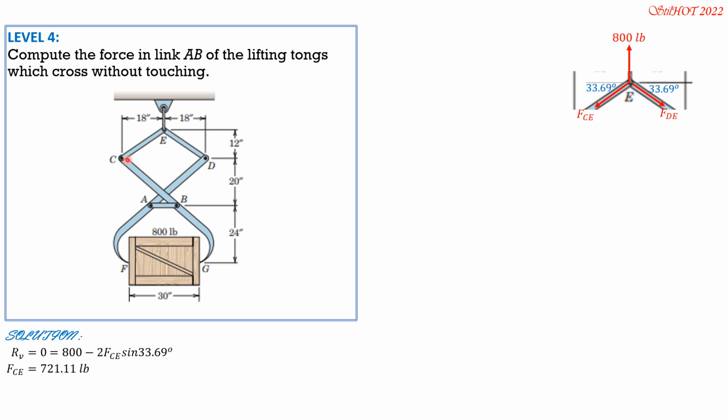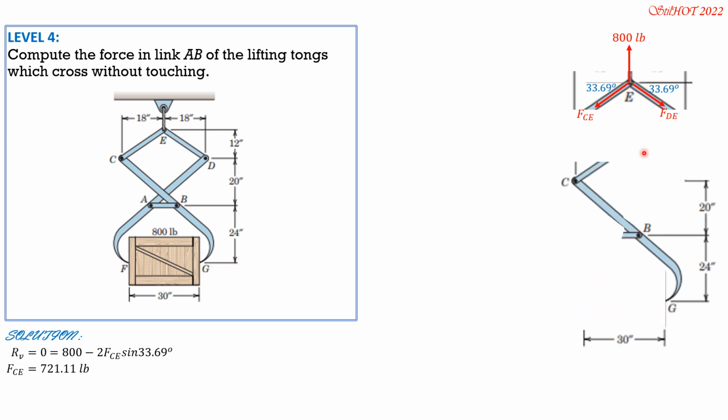Then we draw the FBD of this part. So we have 721.11. Take note this is 33.69 degrees. Then this is the force in AB.